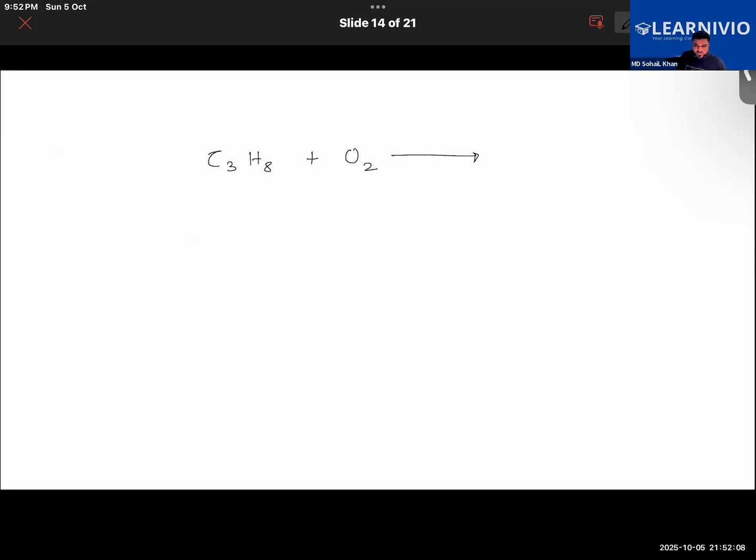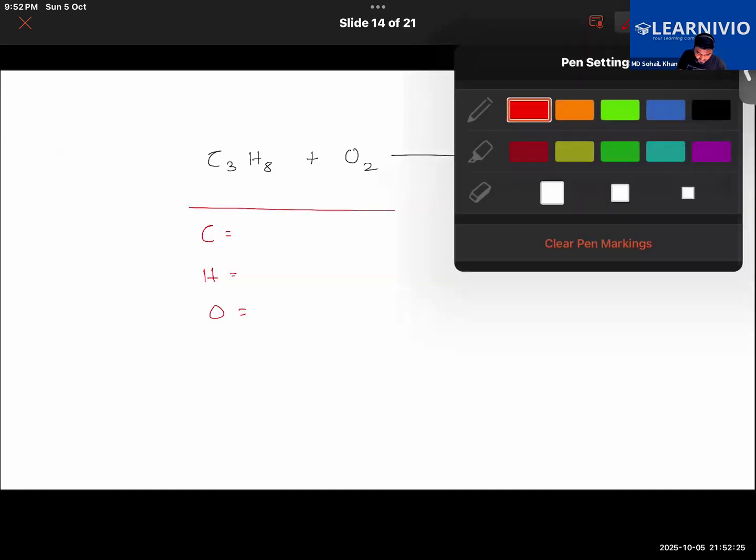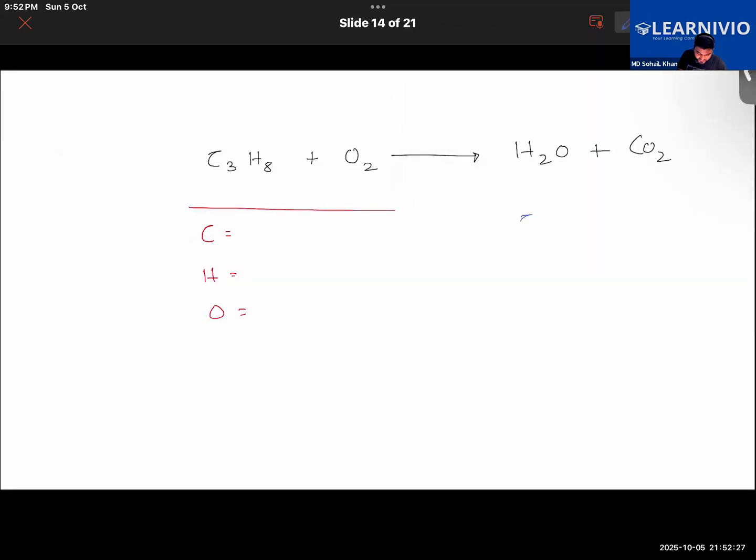On the product side, you are getting water and carbon dioxide. Carbon, hydrogen, and oxygen are the three different elements here, and again on the product side you have carbon, hydrogen, and oxygen.